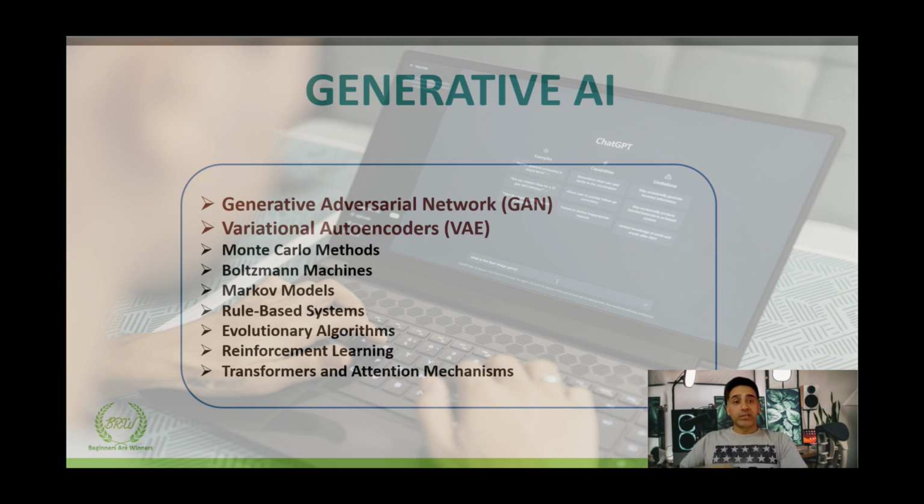However, neural networks, especially generative adversarial networks, in short form, which we call GANs, and variational autoencoders, which is VAEs, have gained significant popularity due to their ability to learn complex patterns and their ability to generate high quality content in various areas or bodies of knowledge.